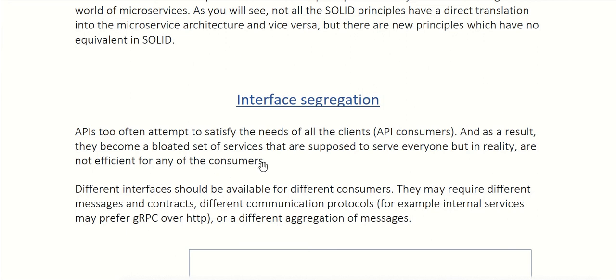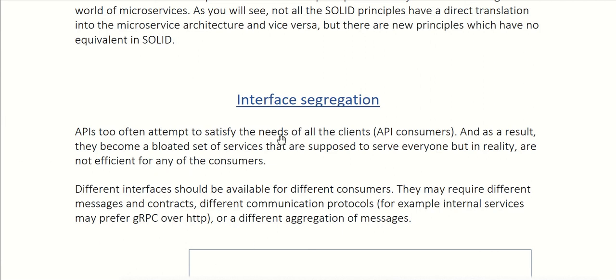Okay, so the service contract itself becomes a big fat interface. Even if, for example, a mobile device doesn't want to use some of the services provided by your service, it is still forced to make use of them if we don't follow interface segregation. Okay, so that's what they are saying.